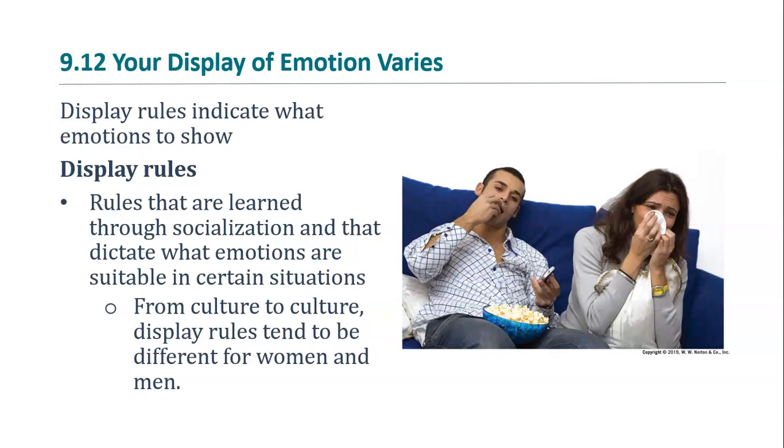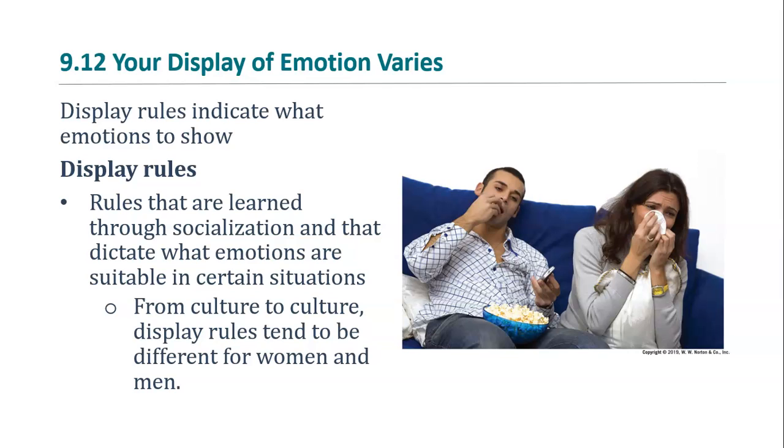Display rules are the culturally determined standards for how different people are supposed to respond in different emotional situations. So there are different rules for adults and children, in most cultures for men and women. And some cultures are very expressive, and some cultures are much more reserved for the same emotions.